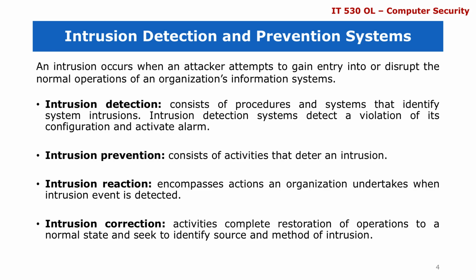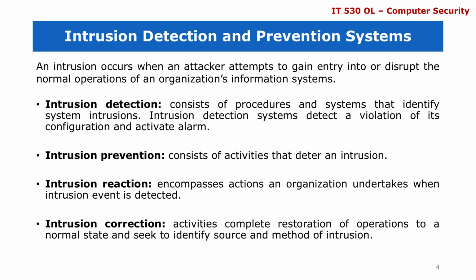Then we have intrusion correction. Let's say an intrusion is successful, so a network has been infiltrated, some sort of attack has already happened, maybe data has been stolen from the internal network.